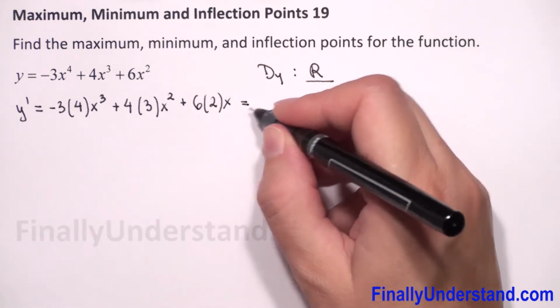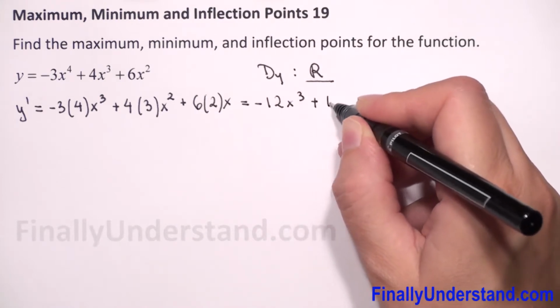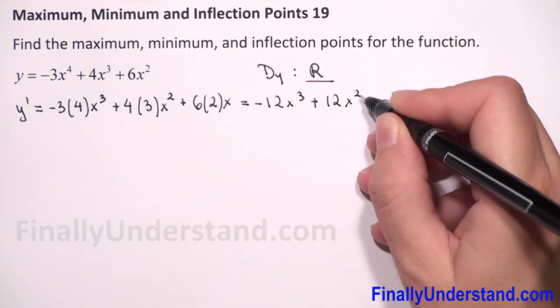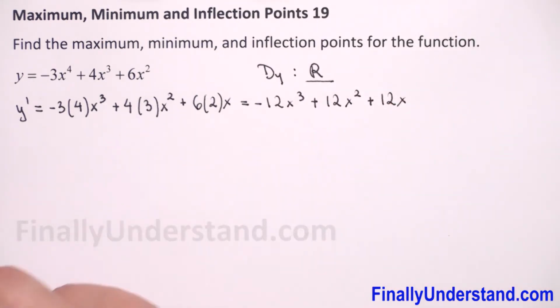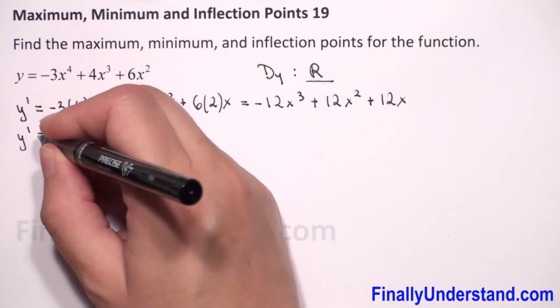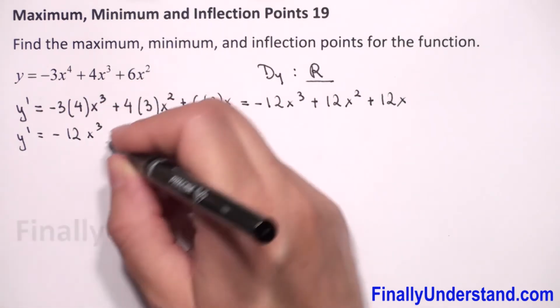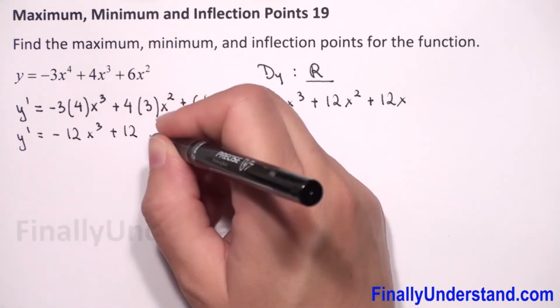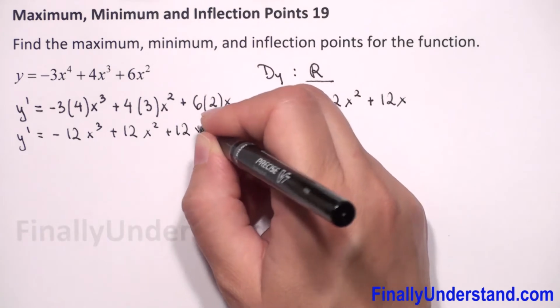So this is equal to negative 12x to the third plus 12x to the second power plus 12x. Let me rewrite this. This is our first derivative: negative 12x to the third plus 12x squared plus 12x.